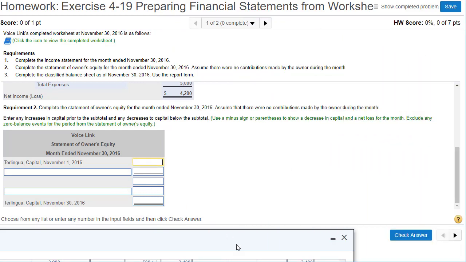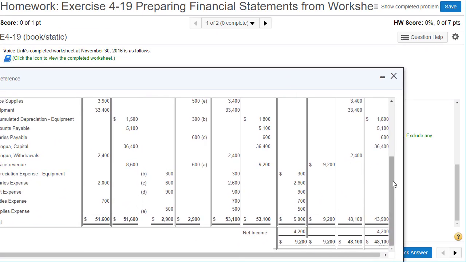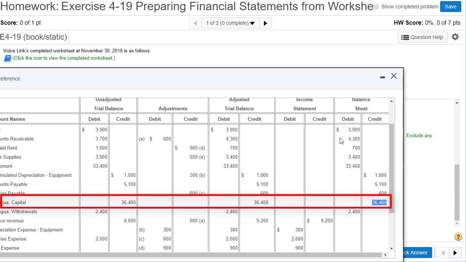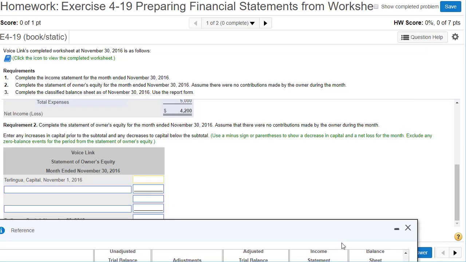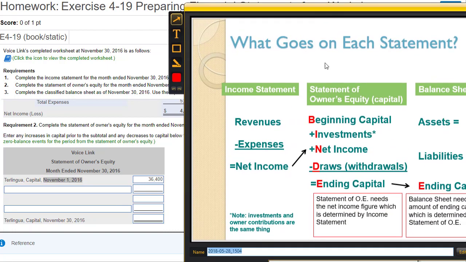So our beginning capital we get from here, $36,400 for capital. We know that's the beginning because it says November 1. And then next we add investments and net income.